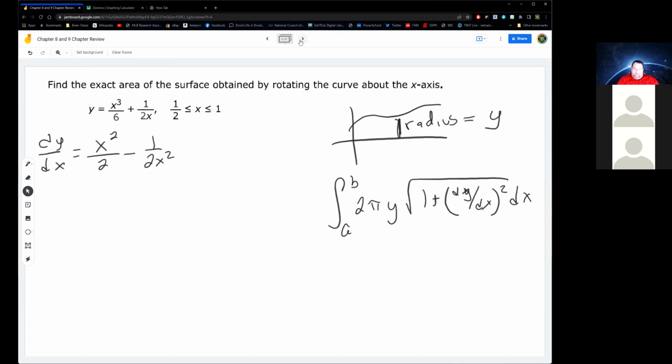If we square that, we get x to the 4th over 4 minus 1/2 plus 1 over 4x to the 4th.